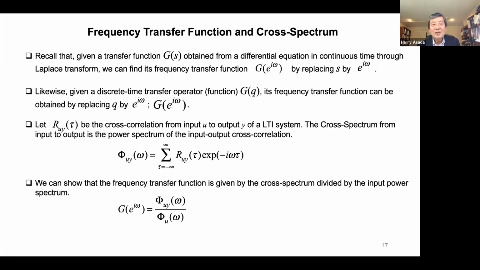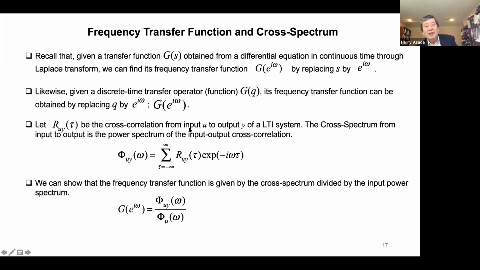Now we convert this to the frequency domain by using the discrete time Fourier transform. So that defines the cross spectrum from input to output. Excuse me, this is another typo.